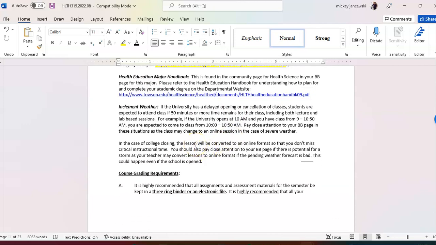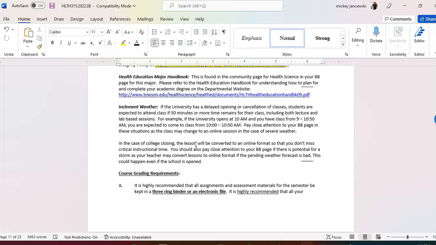Make sure you pay attention to the weather for inclement weather. If classes start in the middle of a class period, for example, if you have a class at 1 and the college opens at 1:30, you're expected to go to the class at 1:30.